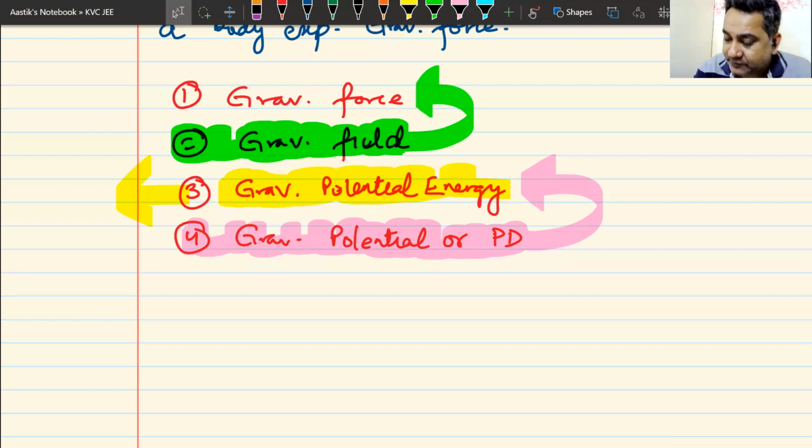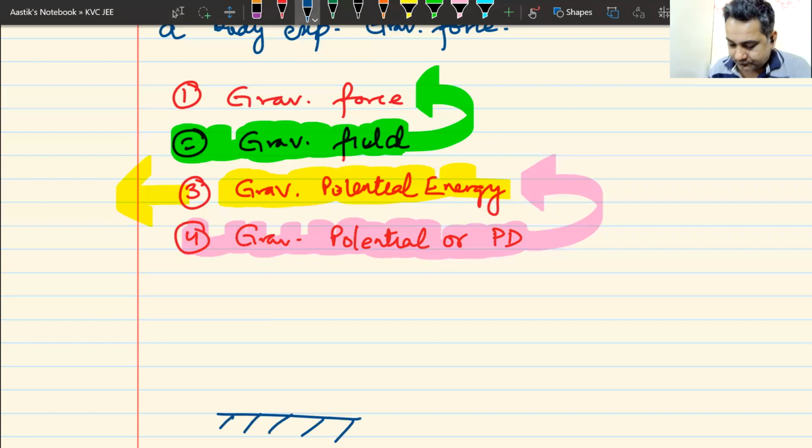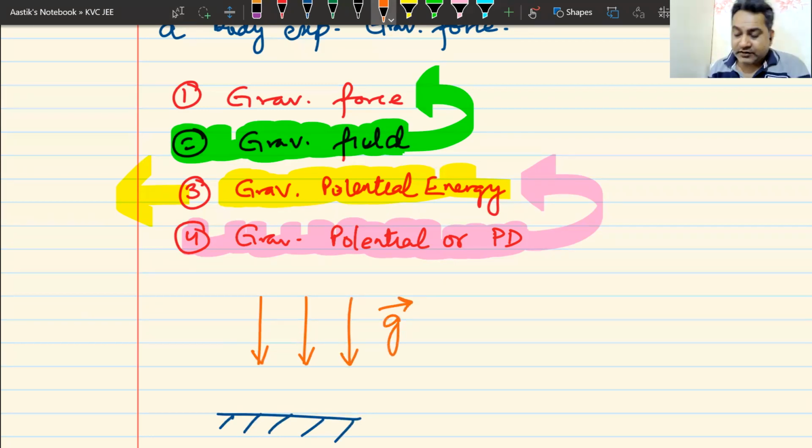So let us take that this is ground. Earth is creating a gravitational field. Let us say, which is not exactly correct, that the gravitational field of Earth, denoted by G vector, is vertically downwards. Remember, gravitational field is a vector quantity.